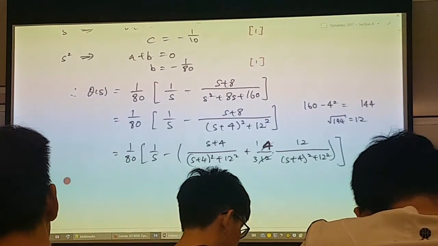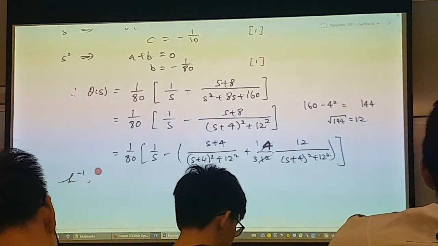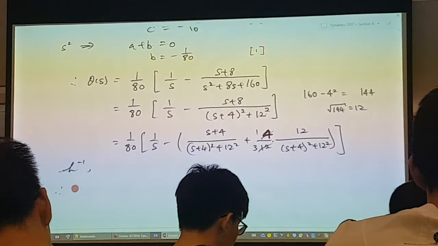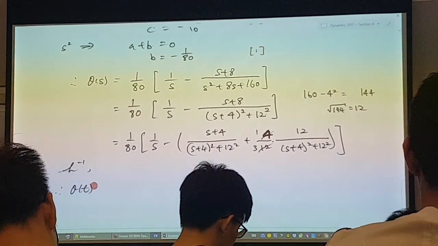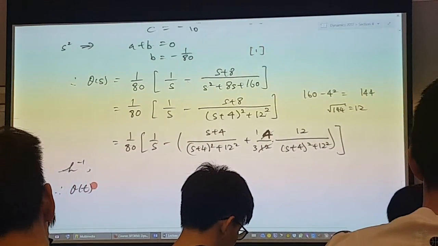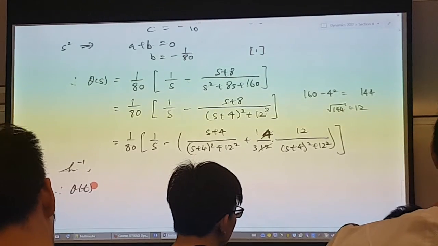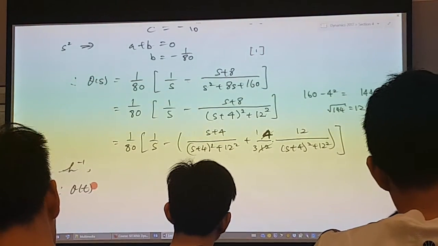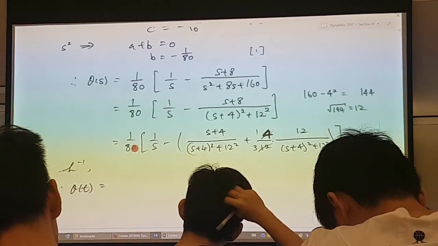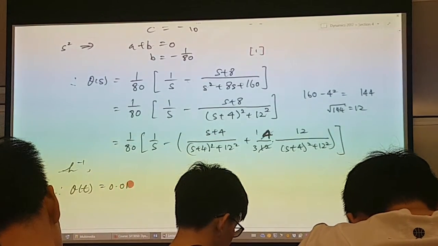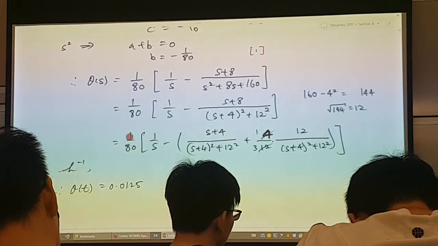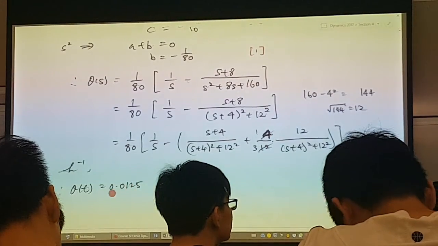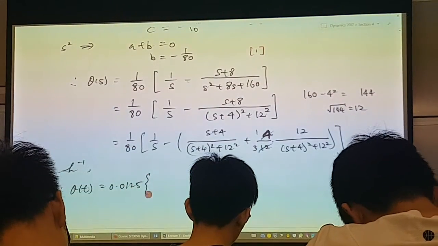So eventually, taking the inverse Laplace transformation gives your time response, or in this case, it is called the transient response in the question. It will be equal to 1 over 80, that's 0.0125. You can still keep it as 1 over 80 instead of converting it into decimal points.